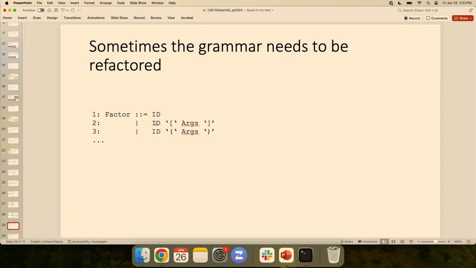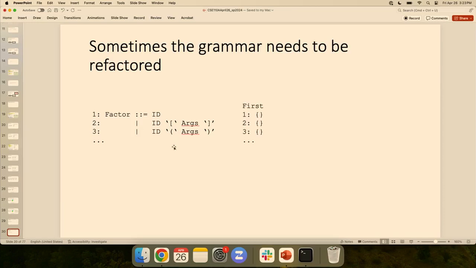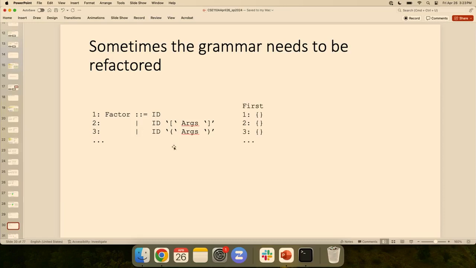So array indexing could be an ID followed by square brackets, or an ID followed by parentheses if you want to call a function. If you were to try to get the first sets here, well, for each of these rules, it's an ID. So this doesn't help us, because if we're looking to match an ID and we need to make a choice between 1, 2, and 3, we don't know which rule to pick.